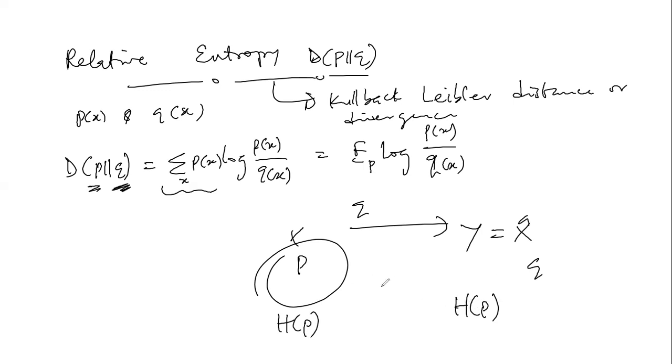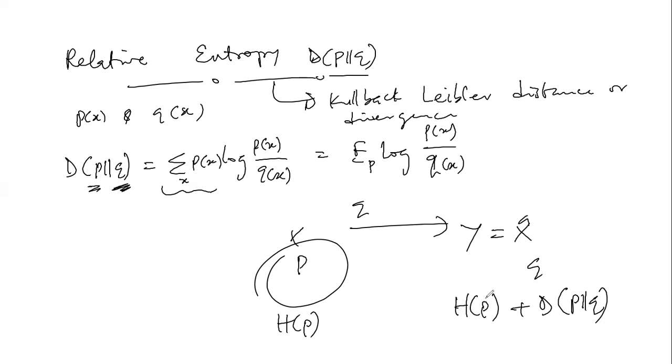And since there's another distribution Q that is posing a little confusion, my receiver Y may confuse P for Q. So in the receiver, I want an algorithm to run with a code H of P plus the relative entropy between P and Q.